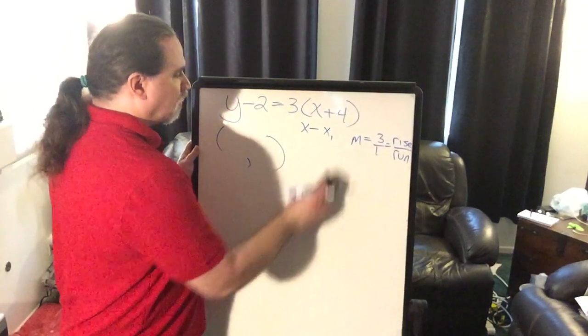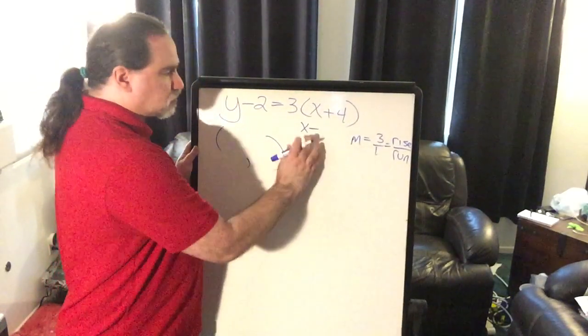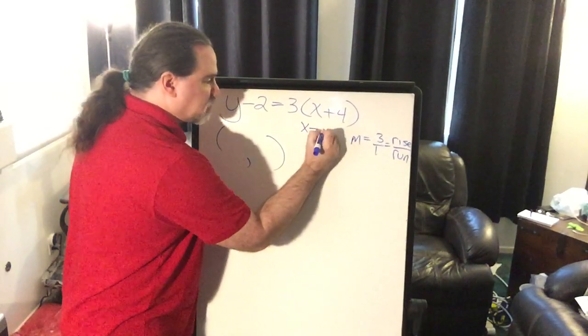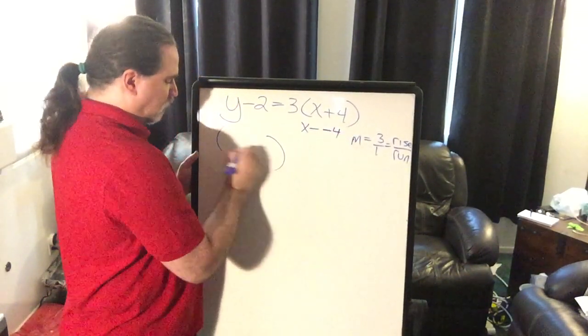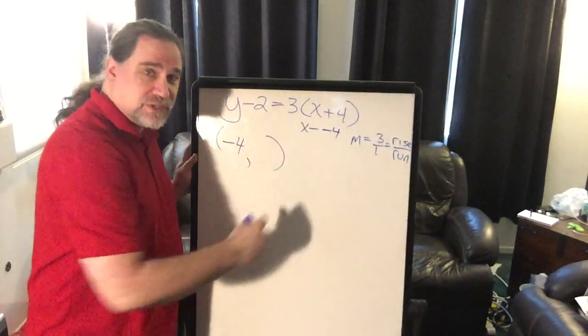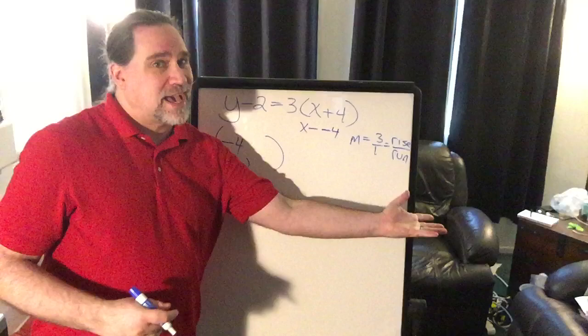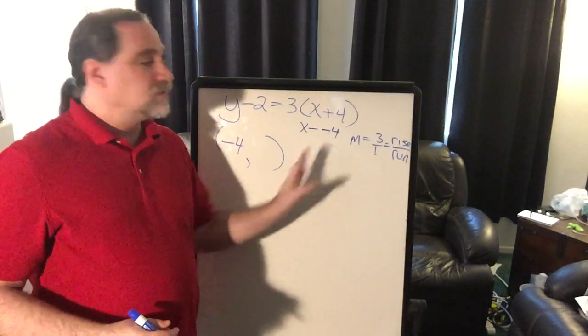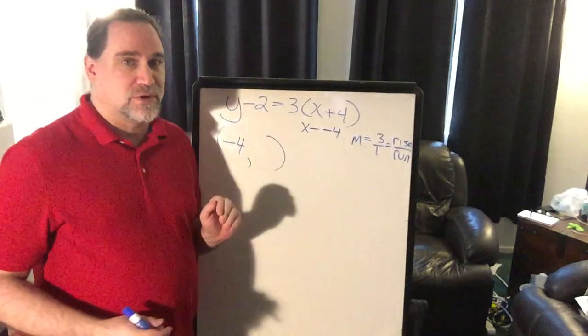Well, what number would I have to subtract to get positive 4? Well, I'd have to subtract negative 4. And that's the x. That's the other thing that students struggle with, because it's second, but it's still x, which means when I write it in my ordered pair, I write it first. So even though this one was second, I'm going to write it first.